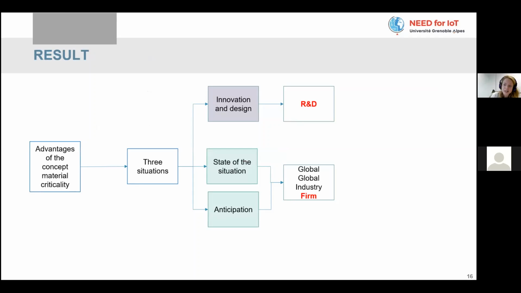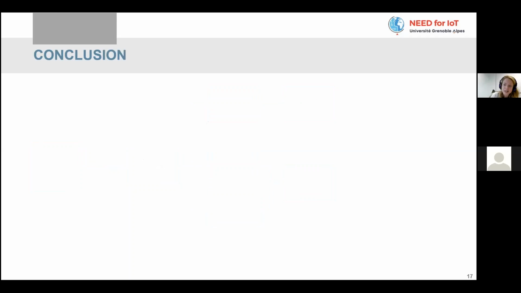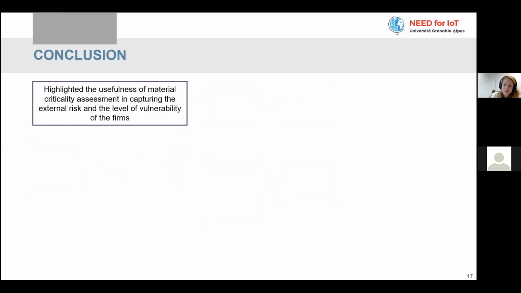The advantages of this concept are two. The first is for research and development when we want to innovate and design another product, and it also helps us evaluate the vulnerability of the company to certain materials. As a conclusion, we highlight the usefulness of material criticality in capturing the external risk and the level of vulnerability of the firm.